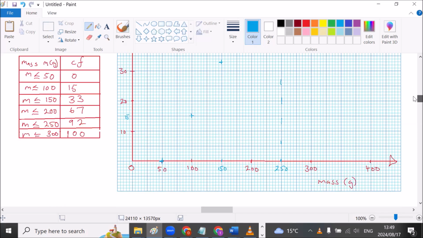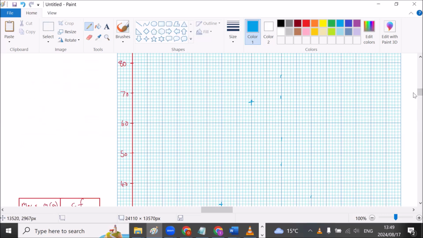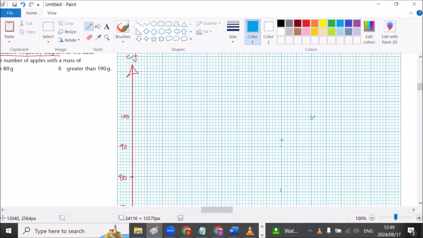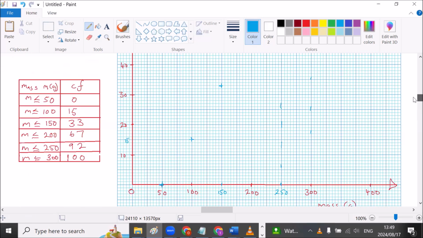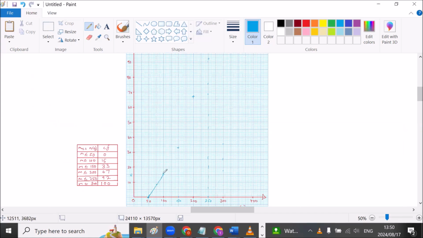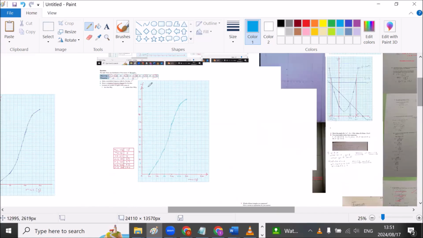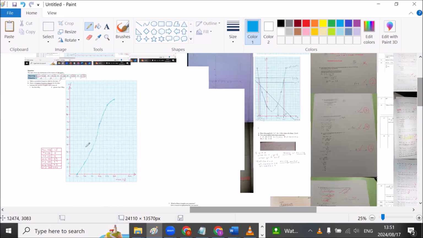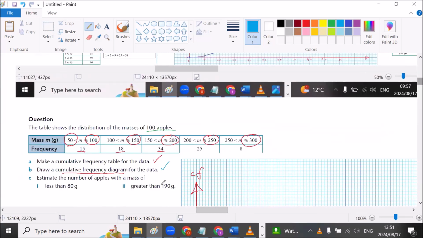Then 300 grams: 100 apples weigh up to 300 grams. 300 grams and 100, which is here. Now the task is to join these points. Freehand, you join the points to obtain a cumulative frequency diagram like this. So we have done that, drawing a cumulative frequency diagram.